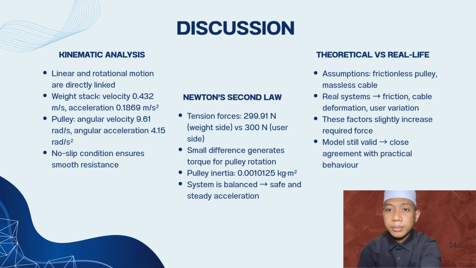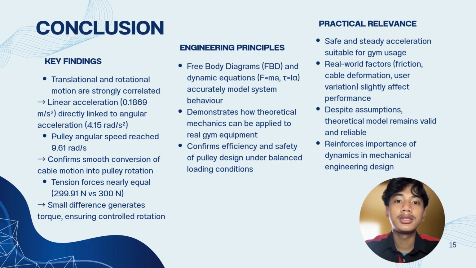Thank you. To wrap up our presentation, let's look at our conclusions. This project successfully analyzed the dynamics of a gym cable pulley mechanism using fundamental principles of kinematics and kinetics.